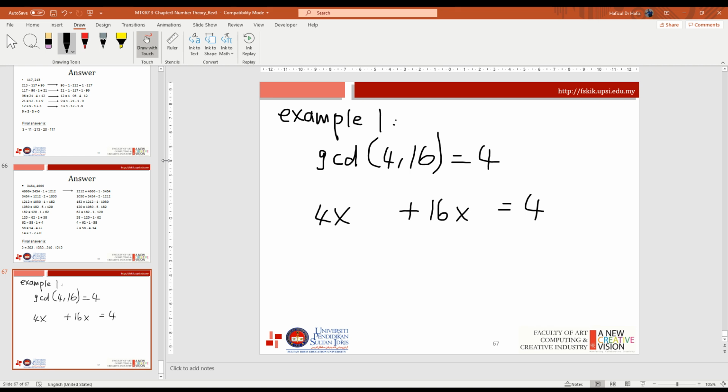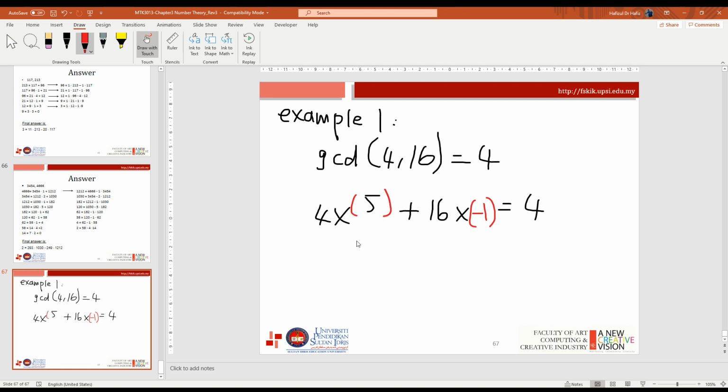So we have to find the Bezout coefficients. What is 4 times something plus 16 times something equivalent to 4? I can put here 5 and minus 1.